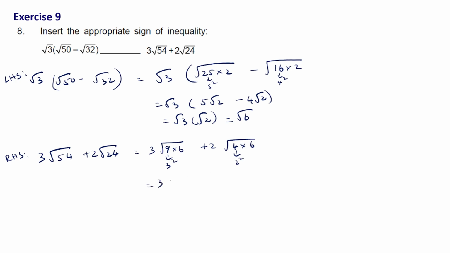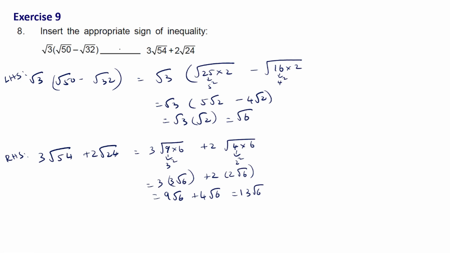So this is 3 into 3 root 6 plus 2 into 2 root 6, or 9 root 6 plus 4 root 6, which is 13 root 6. So the left hand side value is root 6 and the right hand side value is 13 root 6.